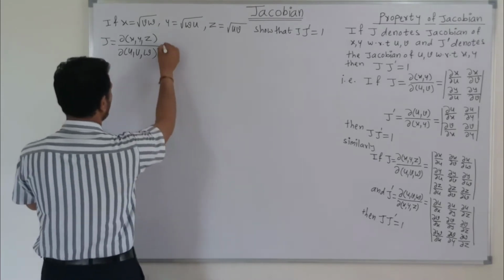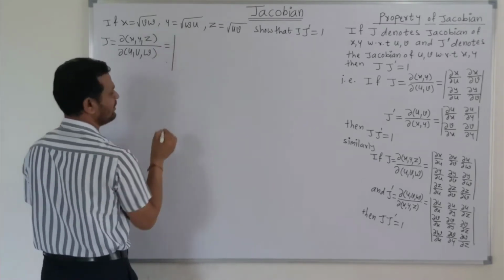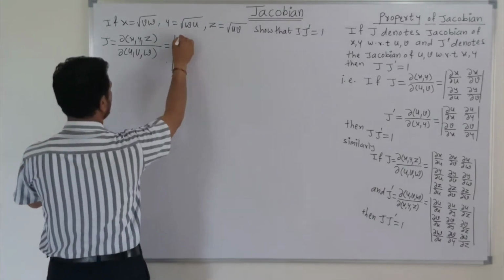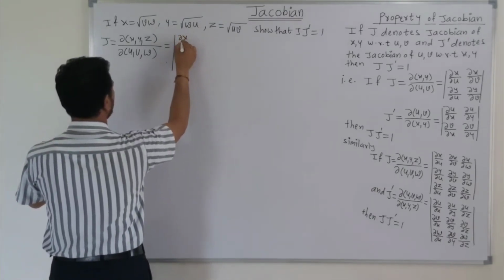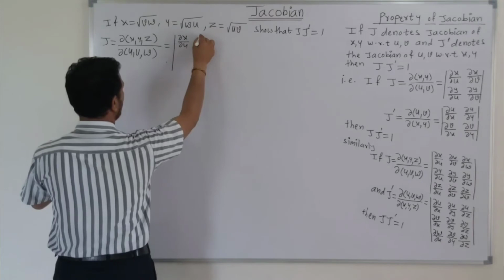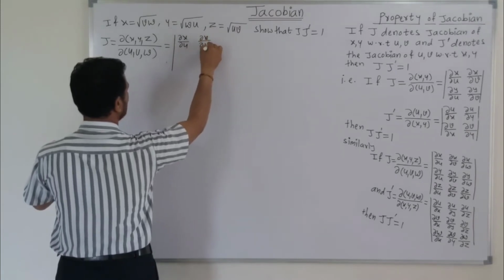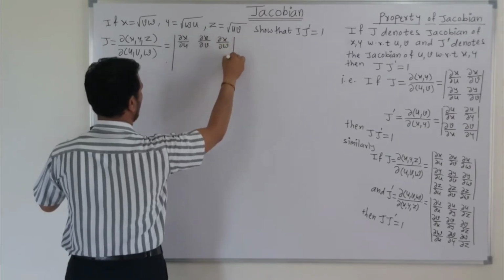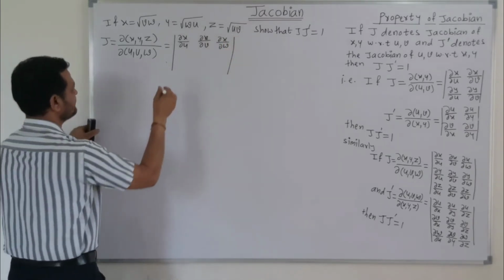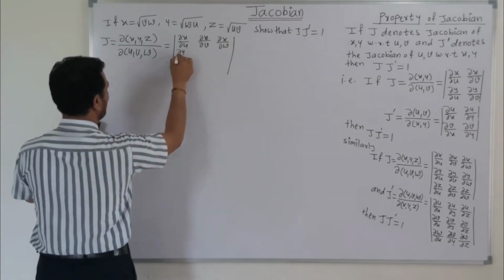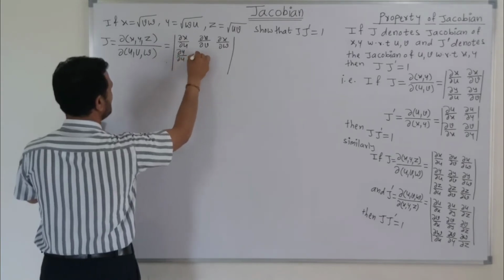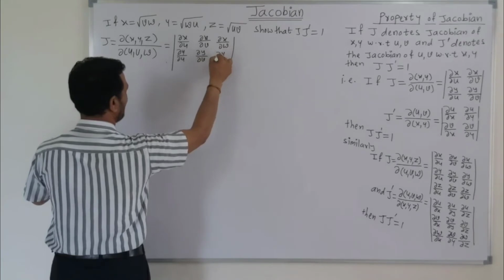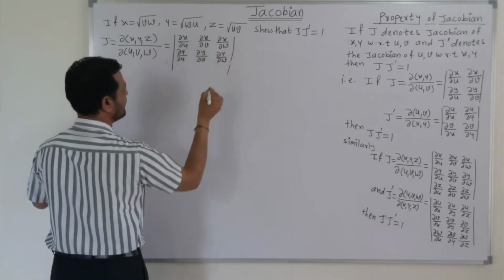Now according to the definition of Jacobian, we can write this as the partial derivative of x with respect to u, then the partial derivative of x with respect to v, the partial derivative of x with respect to w. Similarly, find the partial derivative of y with respect to u, v and w.